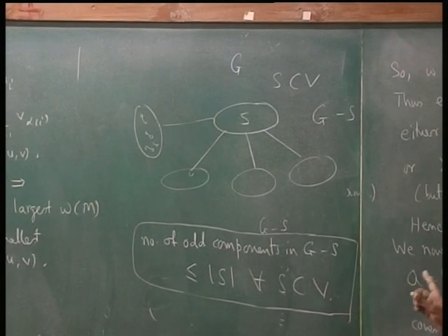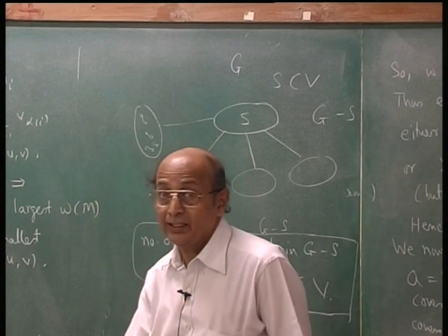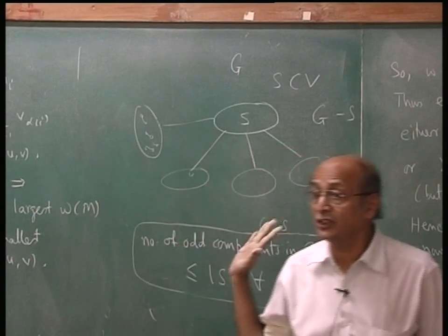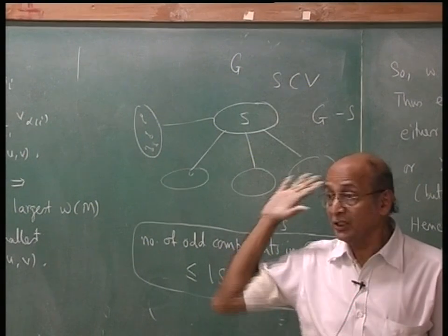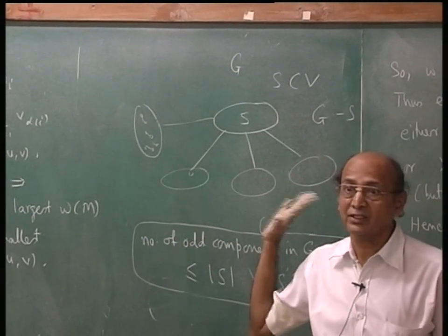Quite a difficult proof. Okay, this is called Tutte's theorem, and this turns out to be also a sufficient condition to guarantee a perfect matching for graphs in general, not just bipartite graphs.